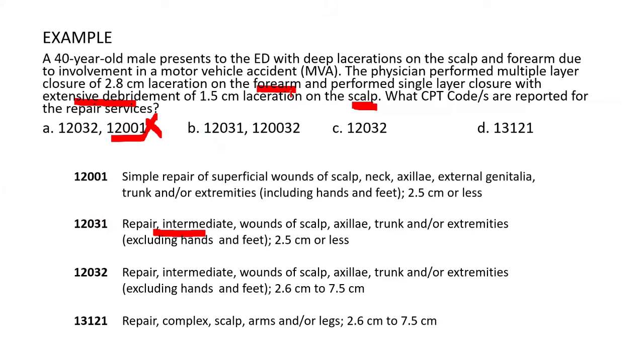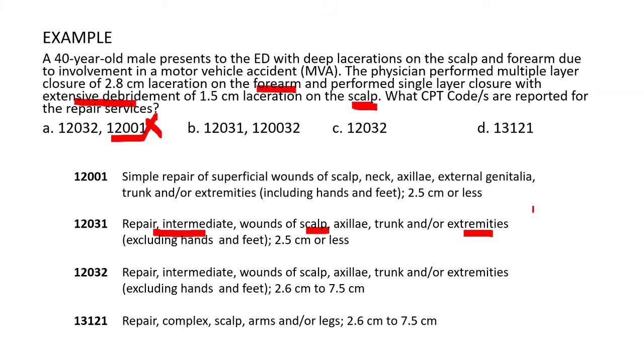Forearm falls under extremities. Coming back to 12031, it is an intermediate repair of wounds of scalp, axillae, trunk, and or extremities. As scalp and extremities fall under the same anatomical group, definitely following the guideline, we should add the lengths and give one code rather than two codes.